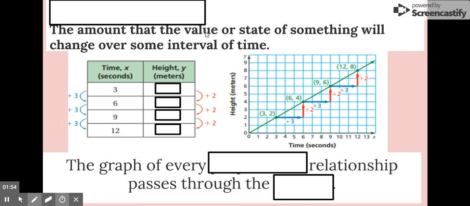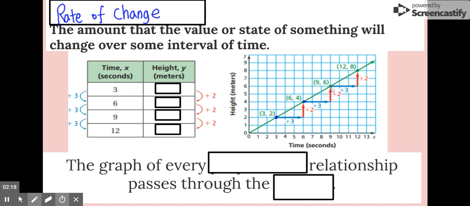The amount that the value or state of something will change over some interval of time is called rate of change. We want to see how things are changing over time. So let's say time is 3, 6, 9, 12, and there's a graph.